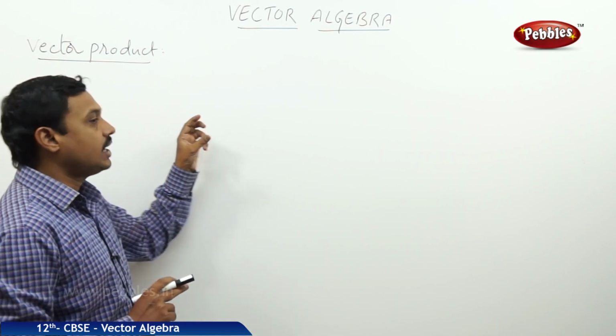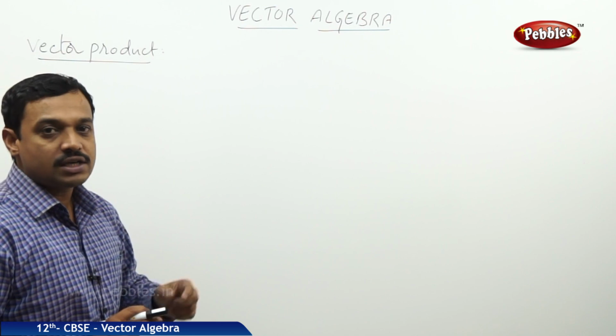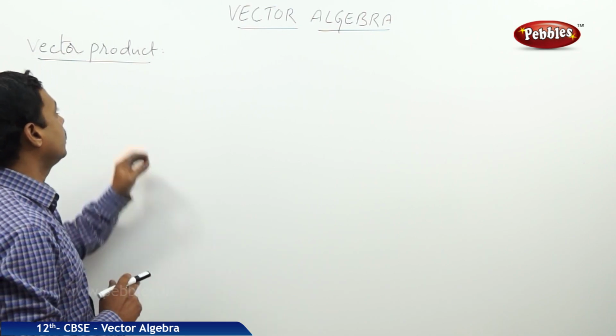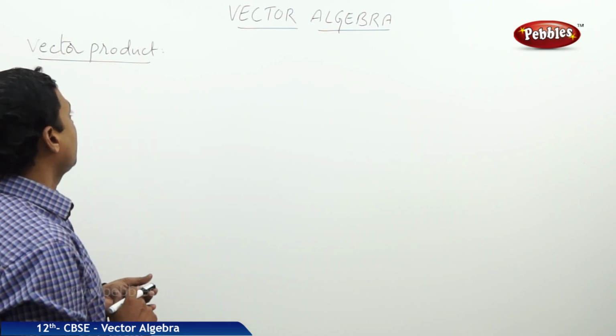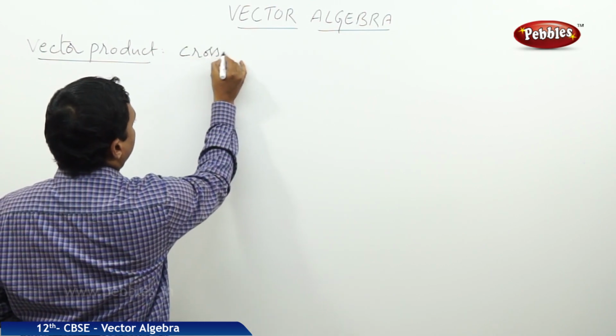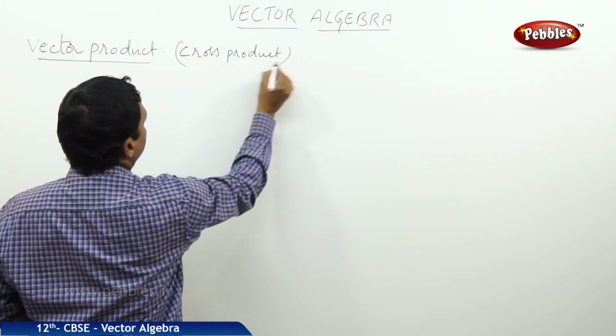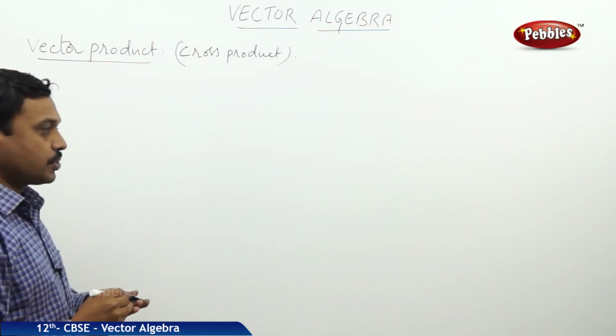Now we are going to learn about vector product. The product of two vectors is a vector quantity, then such product is known as a vector product or cross product. Vector product is also known as cross product.